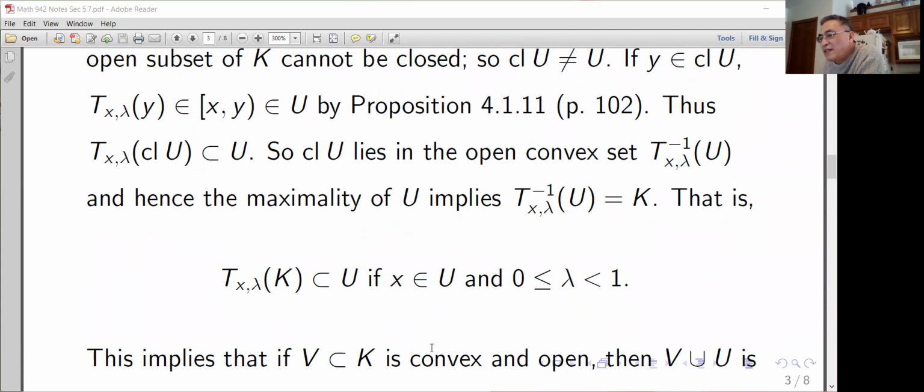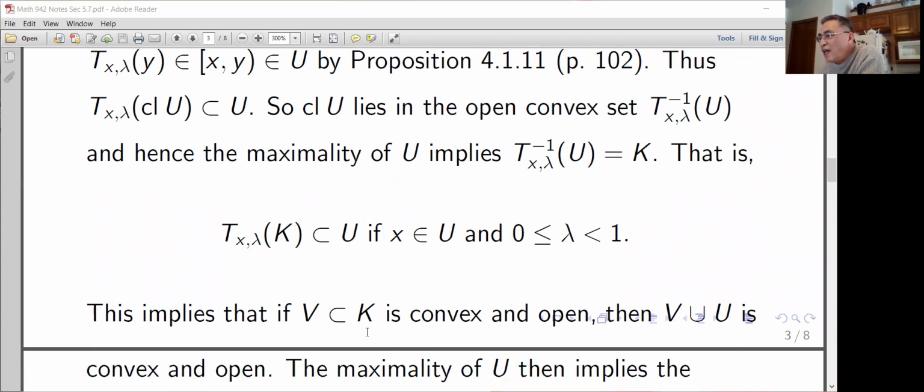So this implies that if V in K is convex and open, then V union U is convex and open. Okay, let's understand why this V union U is convex and open. First, V union U is open because both V and U are open. And why is it convex? To see it is convex, we take two points and a segment in the set.